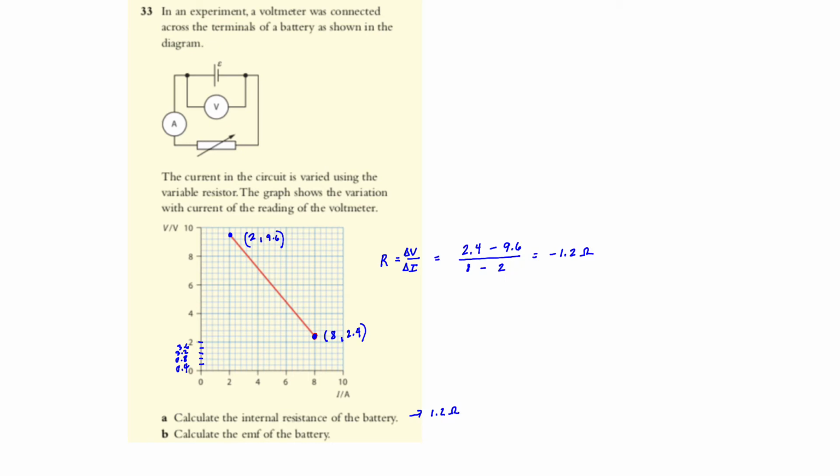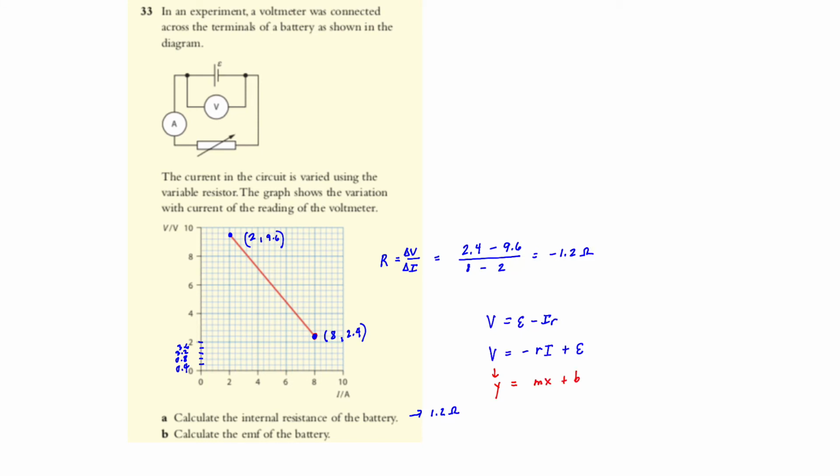So now, there's like two ways of calculating the EMF. If you try to look at the formula, we're going to have V is equal to E minus IR, or simply V equals negative IR, or we could have negative RI plus E. And so we can simply represent it in the form of y equals mx plus b.